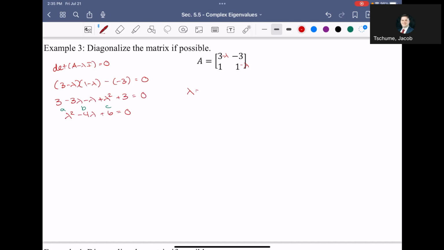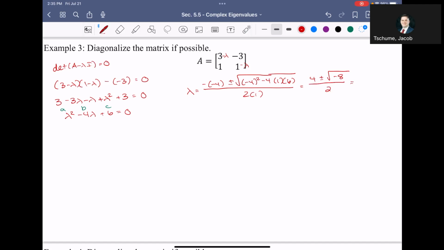So lambda will come out to be negative B, or negative of -4, plus or minus the square root of -4 squared minus 4 times A times C, all of that over 2A. Simplifying this out, you should get 4 plus or minus the square root. Inside the radical, that's going to be 16 minus 24, which is -8, divided by 2.